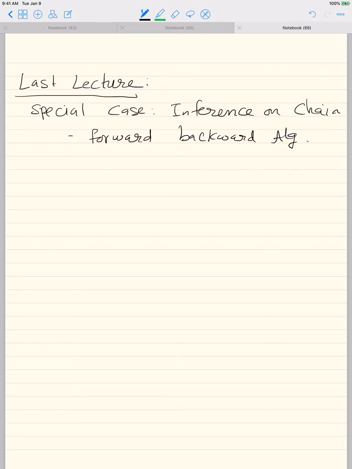Today we will study the generalization of this to cycle-free graphs, and we will introduce in particular a popular algorithm called the sum product algorithm.